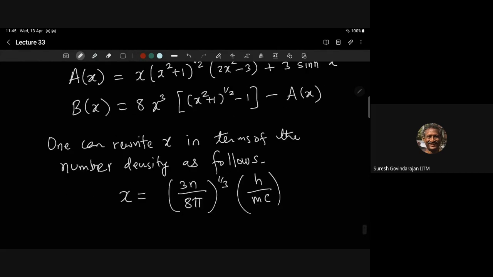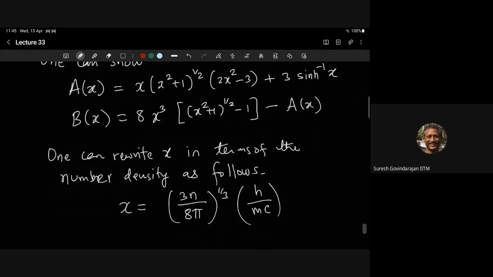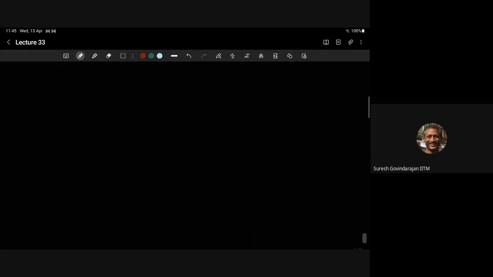Okay. So these are all just for completeness, I'm writing this formula. But what is much more interesting is to ask how A of x and B of x behave for small and large arguments.